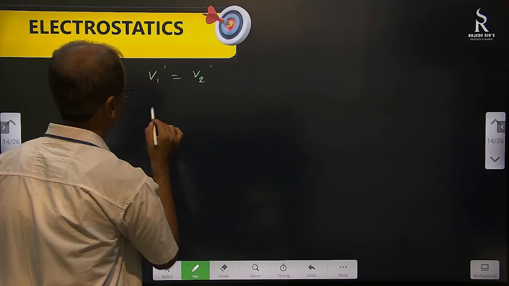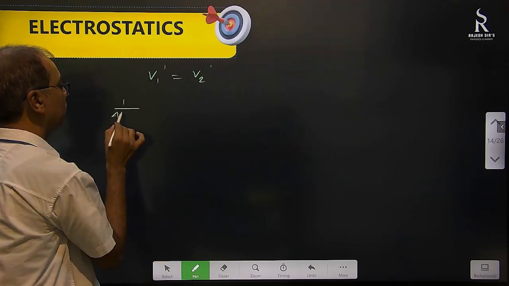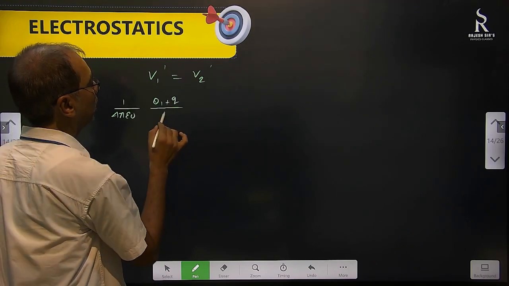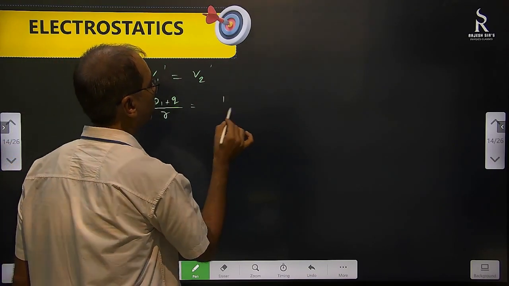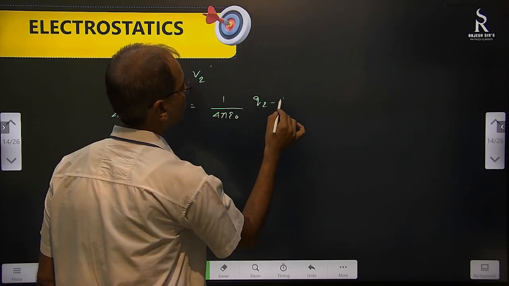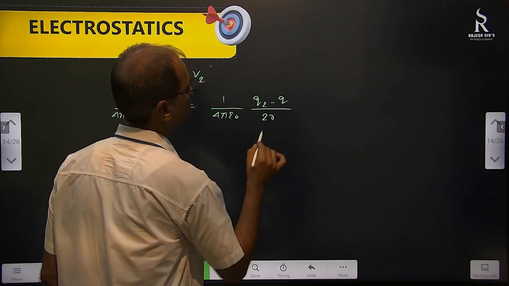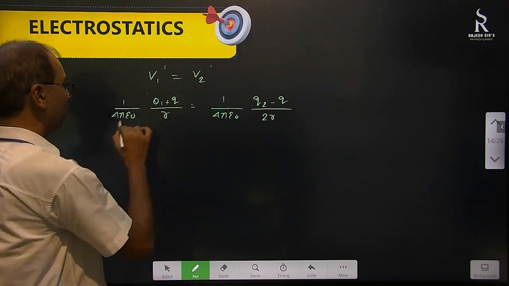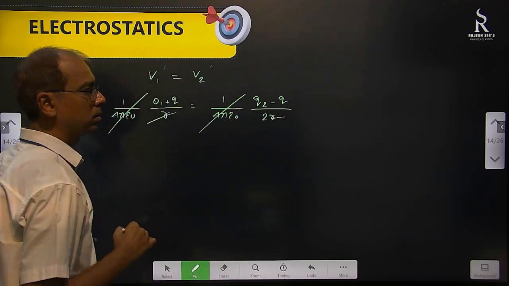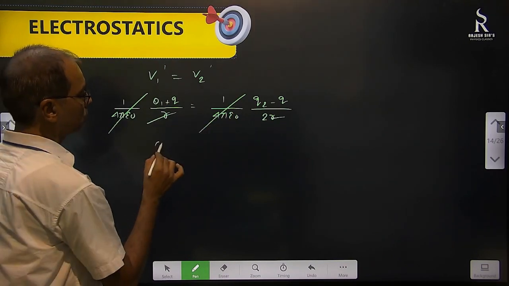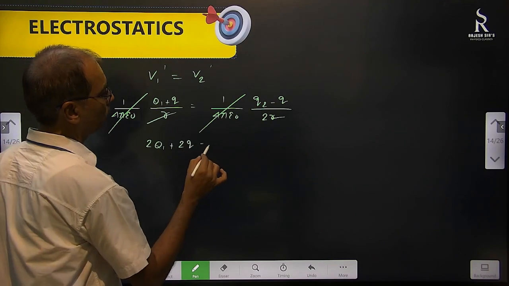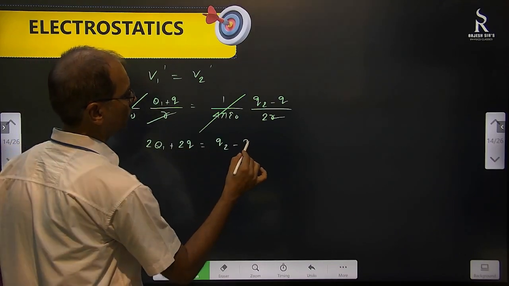Now what is V1 dash? 1 by 4 pi epsilon naught Q1 plus Q by R should be equal to 1 by 4 pi epsilon naught Q2 minus Q by 2R. 1 by 4 pi epsilon naught and R get cancelled. Multiply here, so 2Q1 plus 2Q equals Q2 minus Q.